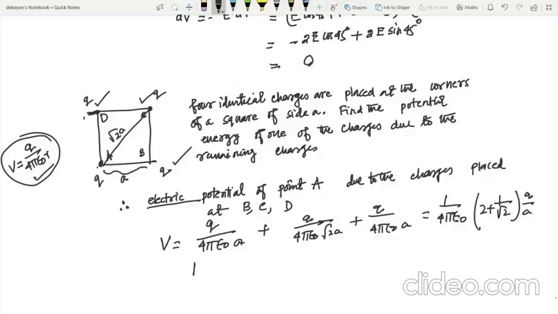And of course you know that U12 is nothing but 1 by 4 pi epsilon naught q squared by a.